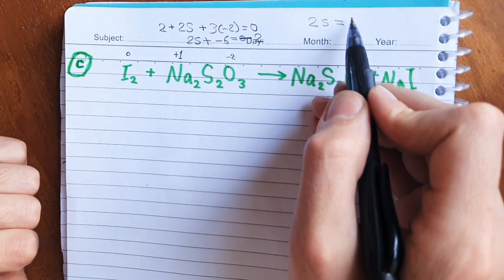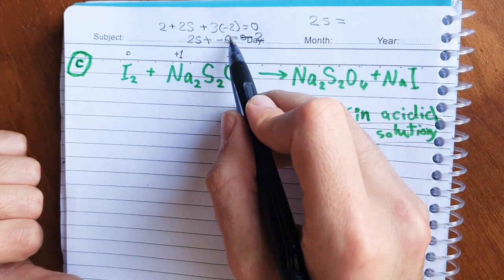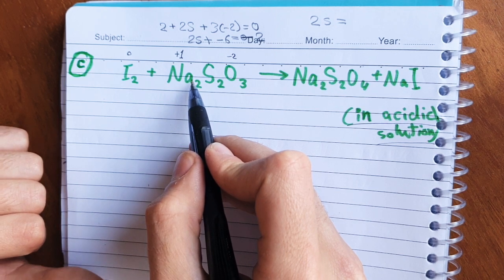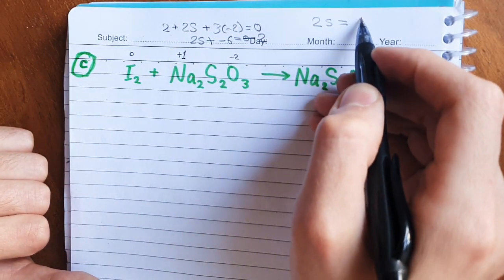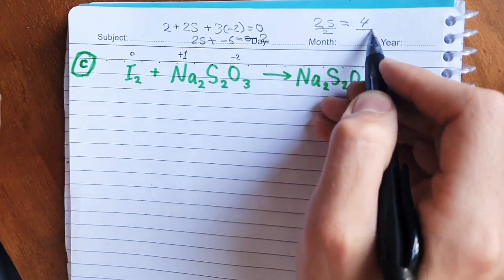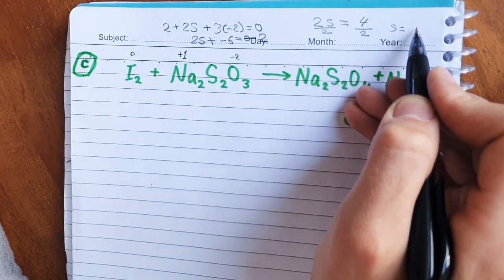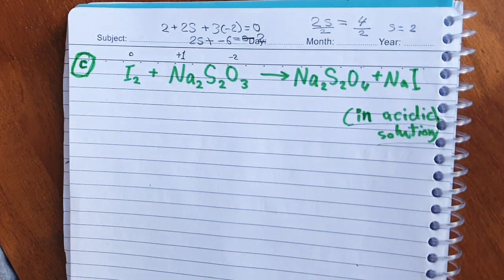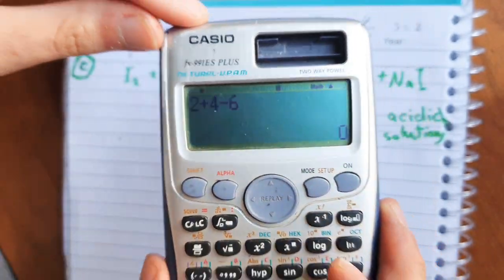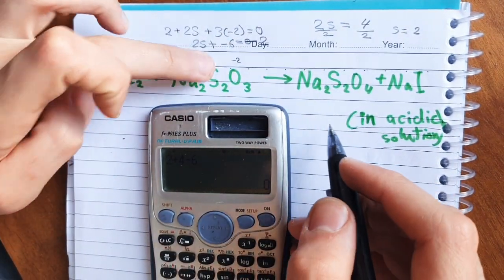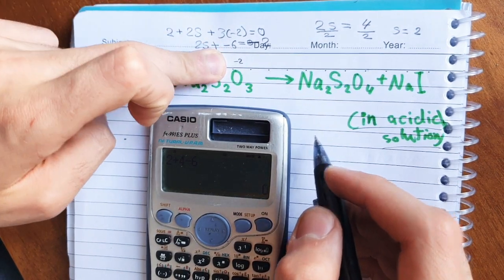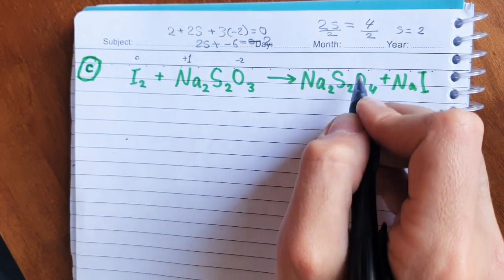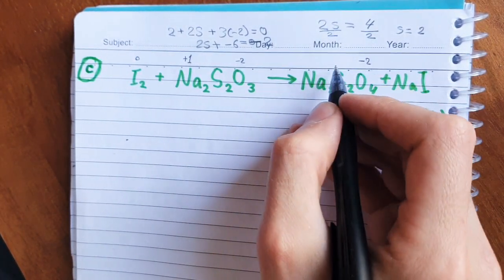Then divide that by 2. So S is equal to how much? Equal to 2. If you want to make sure it's correct, you say 2 plus 4 minus 6, that'd be 0, so we're good.